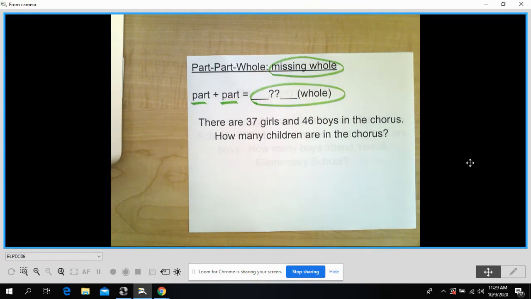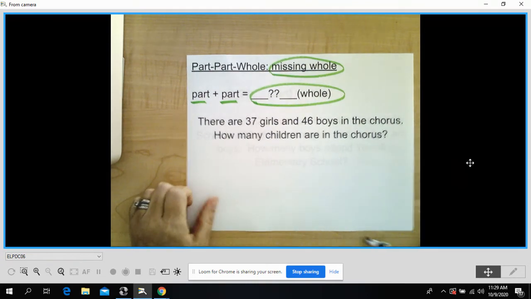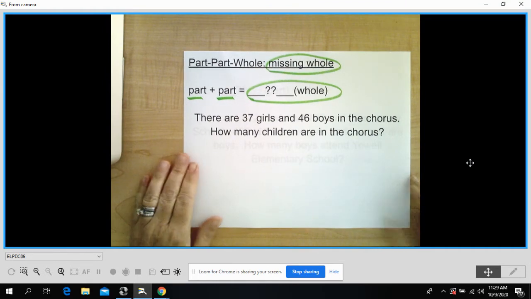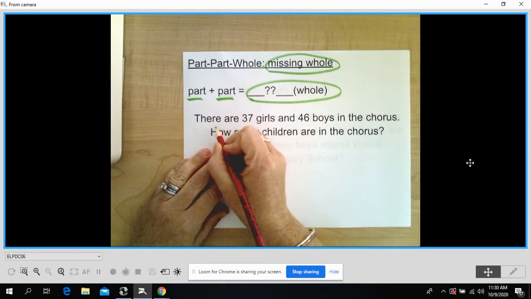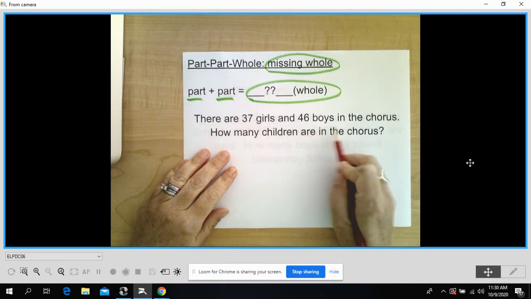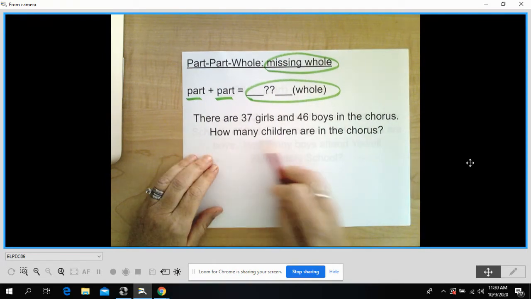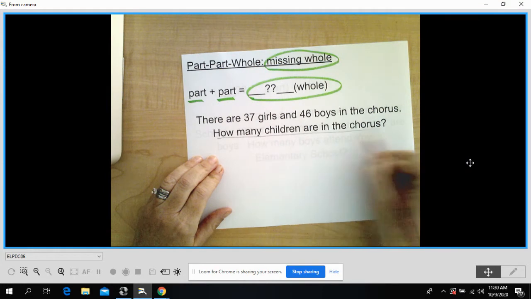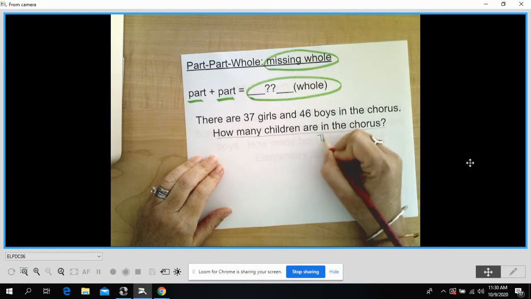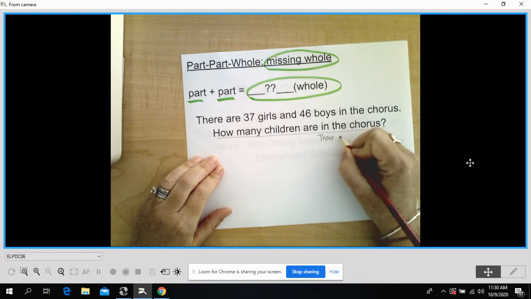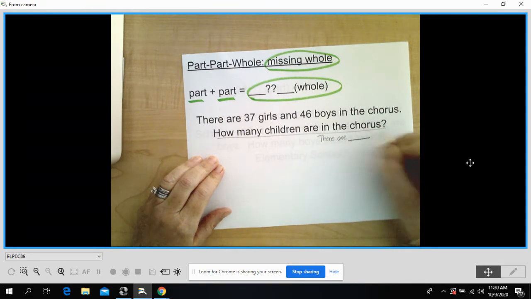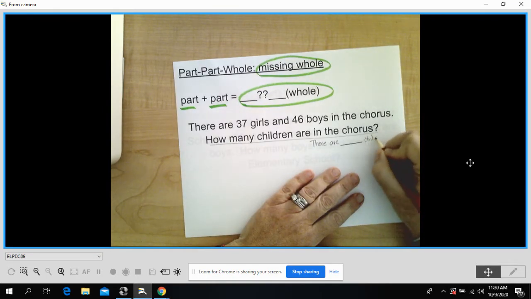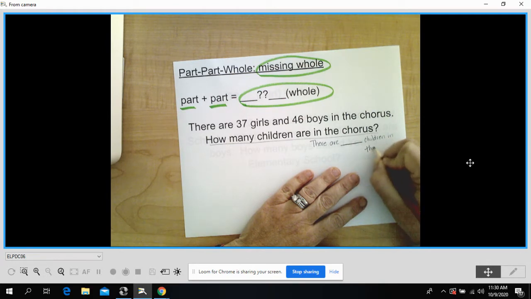Okay, so let's jump right in and find out about these boys and girls in the school chorus. There are 37 girls and 46 boys in the chorus. How many children are in the chorus? So there's my question. And for me, I want to be able to answer that there are blank children in the chorus.